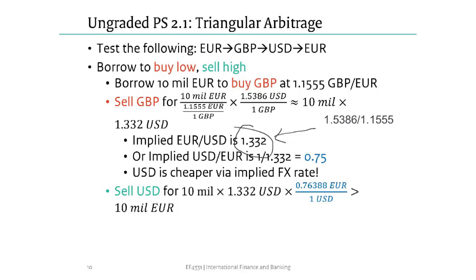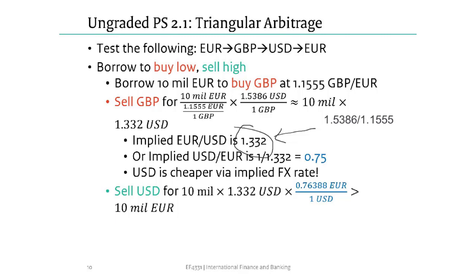Just like I mentioned a couple of slides ago, we can take the inverse of this exchange rate to get the implied exchange rate of USD per euro, I mean, the price of USD in terms of euro. Take the inverse, and you should get 0.75.